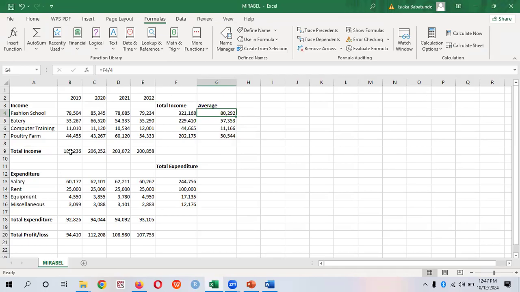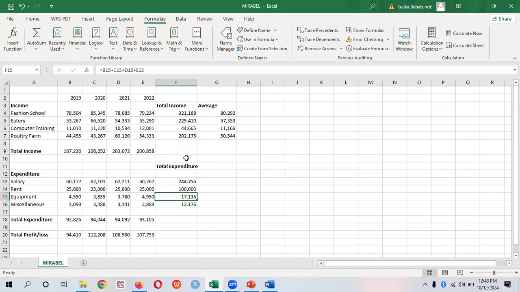This is the amount of money realized by the company yearly: 2019, 2020, 2021, 2022. And this is the amount of money spent out by the company in 2019, 2020, 2021, 2022. And this is the amount of money spent in the period of 4 years on salary alone, on rent alone, on equipment alone.